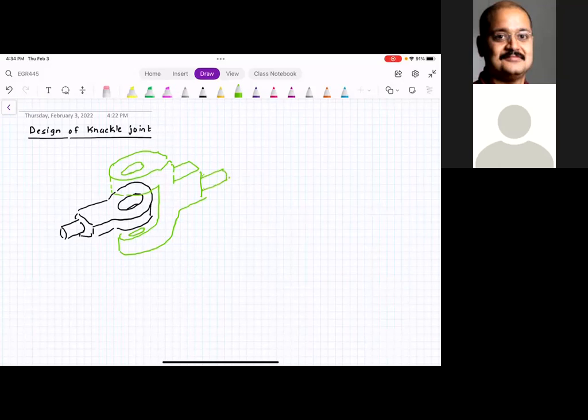So what you have is, this is called the eye end. This is called the fork end. And through the eye end and the fork end, you have a pin that goes through.